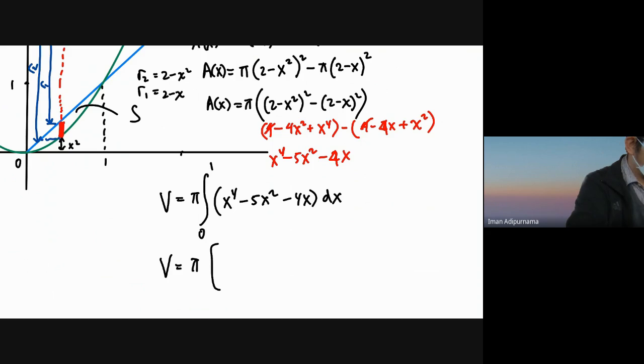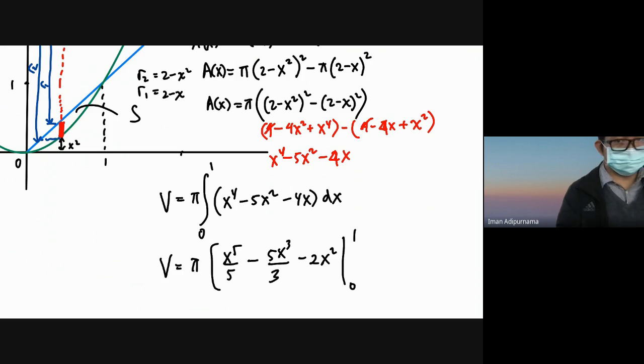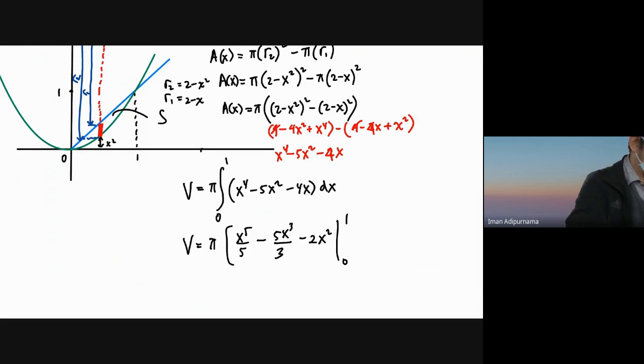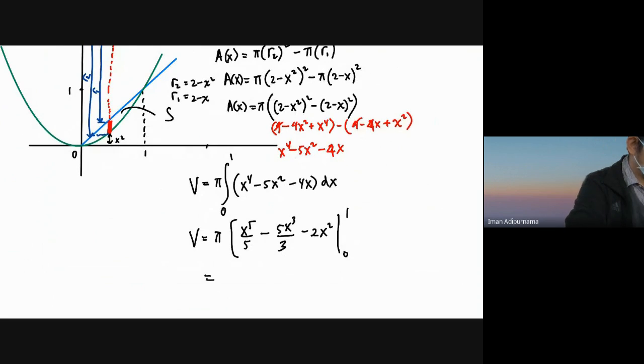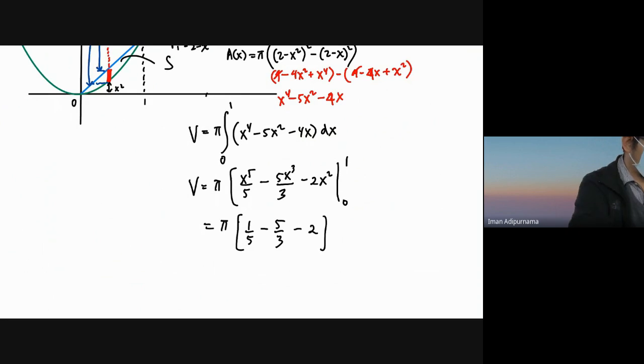And we can simply calculate this from 0 to 1. So we may get pi times 1 over 5 minus 5 over 3 plus 2. And we can compute this.